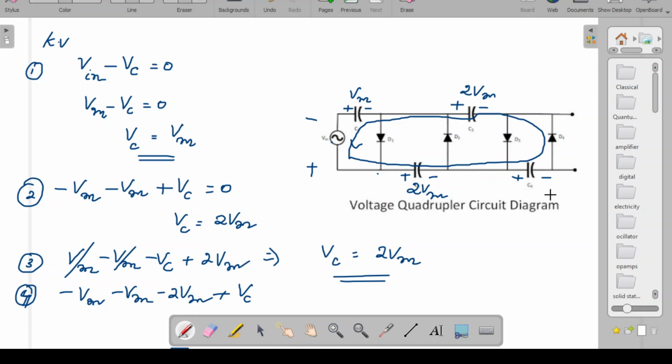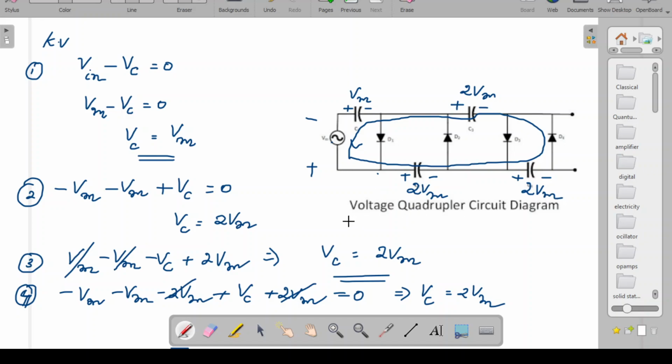We don't know what the voltage is, and then this is also plus 2 Vm, that is the voltage across this one, and this should be equal to 0. Now this is minus 2 Vm, this will get cancelled, and this is minus Vm, so what is Vc? Vc is equal to 2 Vm. So this capacitor will also get charged such that the voltage across it is 2 Vm.